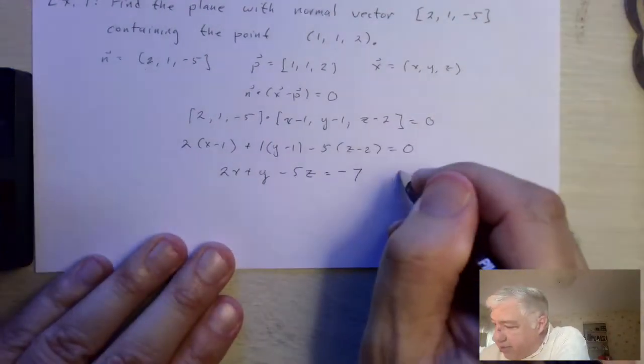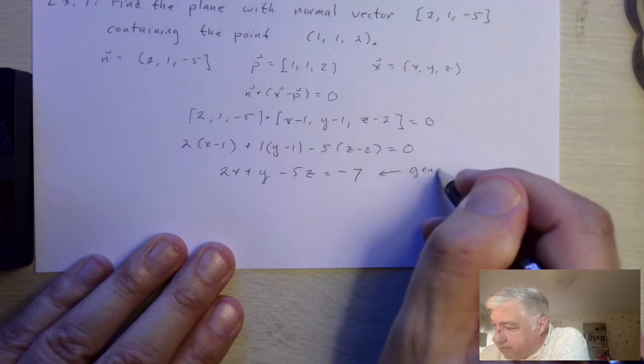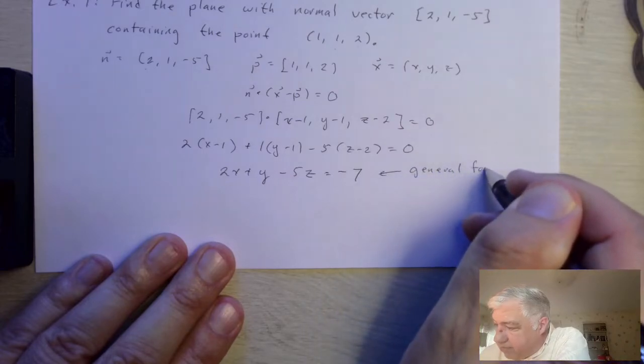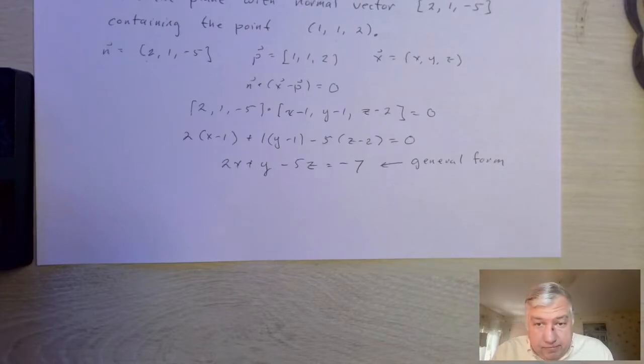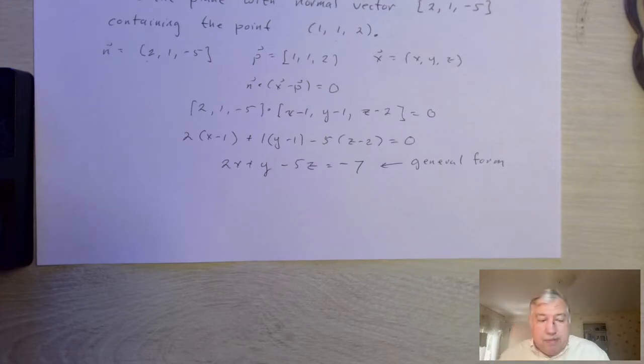Okay, so here's our general form. That's the general form of the equation of this plane, which we're going to show is indeed two-dimensional. So how do we do that?